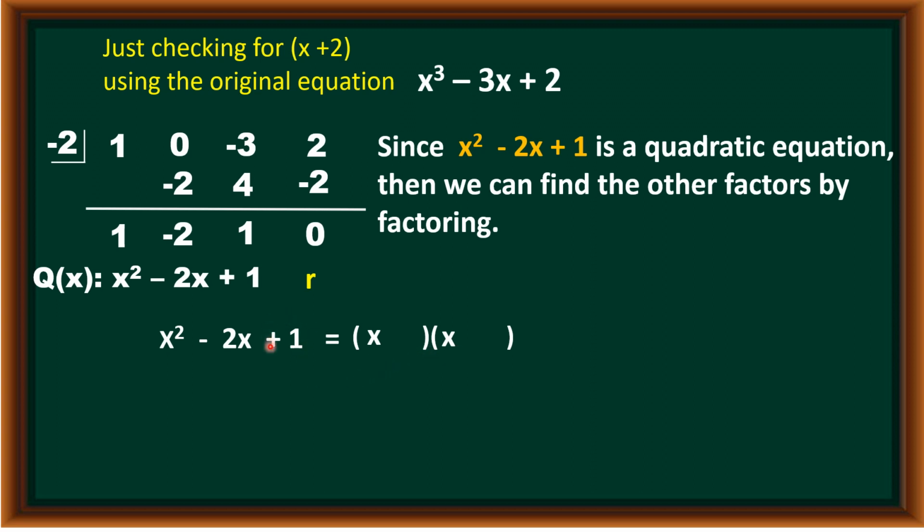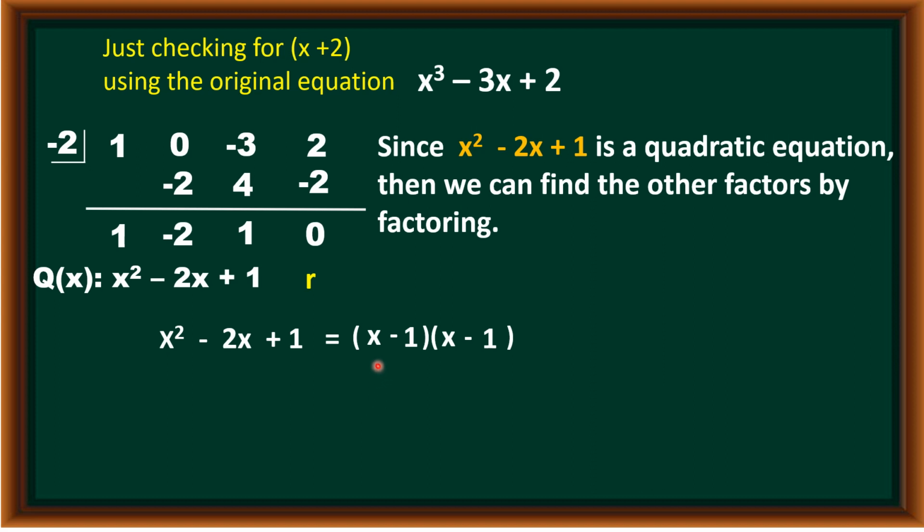And then, ano yung number na kapag minultiply, positive 1 ang sagot, at pag pinag-add naman, negative 2x ang sagot. So, we have, since positive 1 yan, dalawang negative. Negative times negative is positive. Tapos, pag kinumbine naman, negative and negative, negative, which is tatama sa gitna natin. So, that's negative 1 times negative 1.